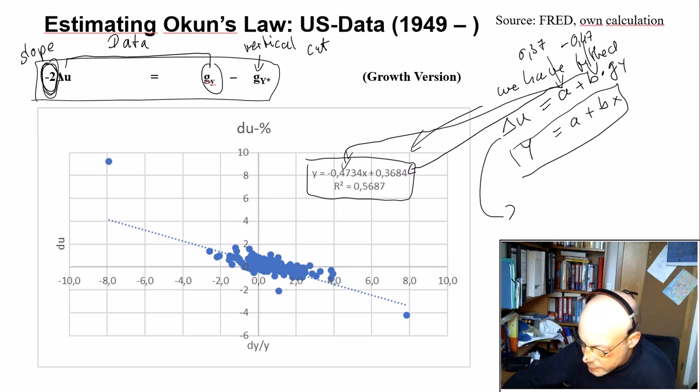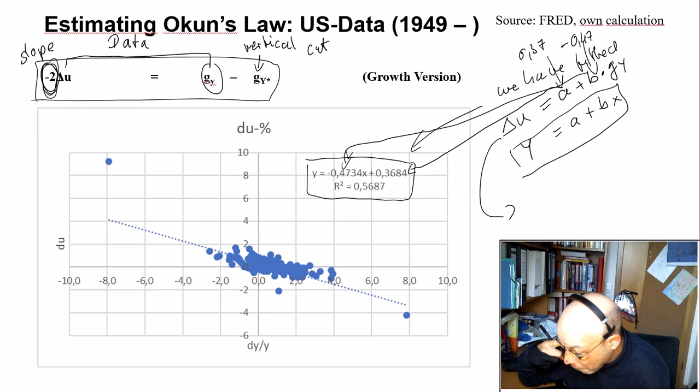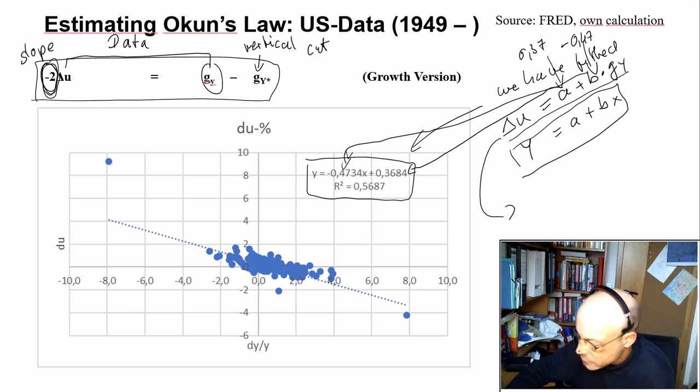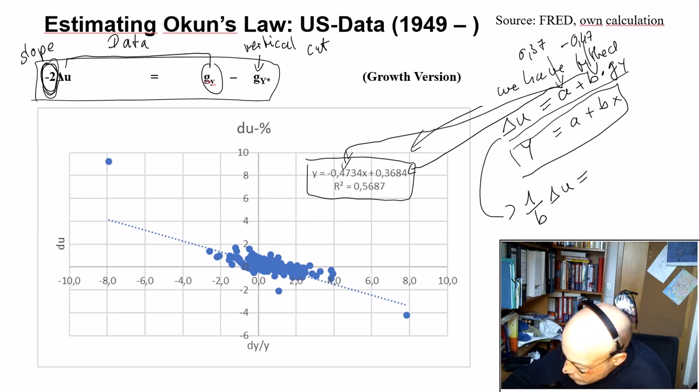We have to divide this expression by b, so that we then obtain 1 over b times du is now our gy plus a over b.